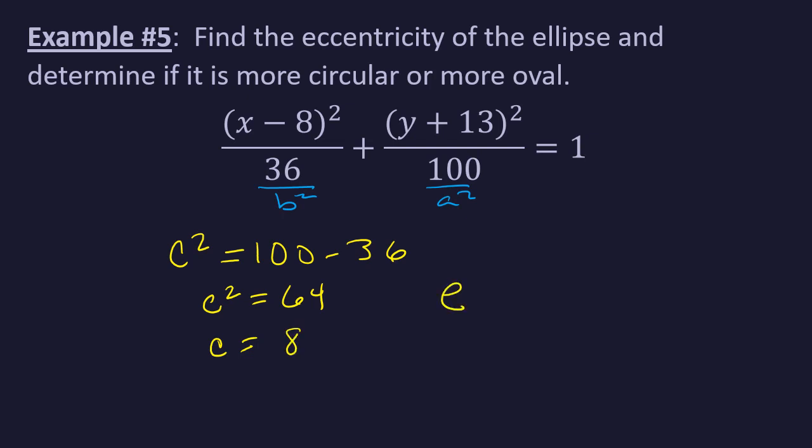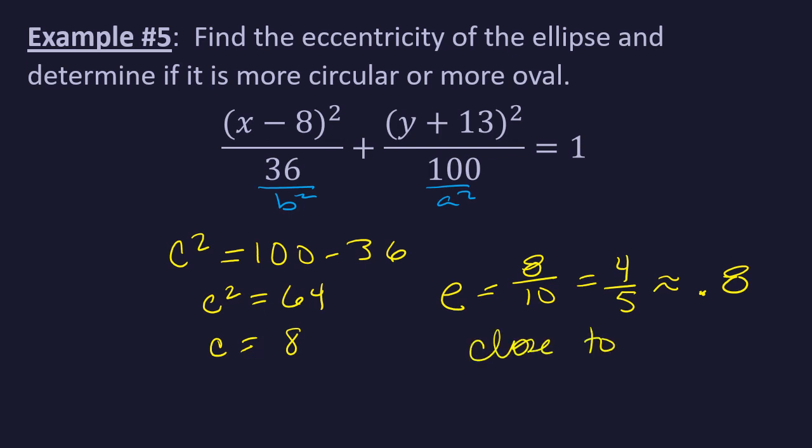My eccentricity is going to be c over a, which is 4 over 5, which actually isn't even approximately, it's exactly 0.8. And because this is close to 1, this means my ellipse is going to be more oval versus more circular. All right, that's all I got for you on ellipses.